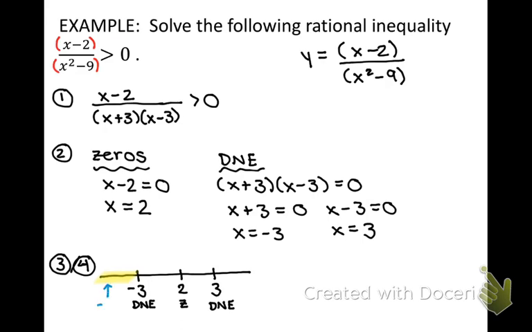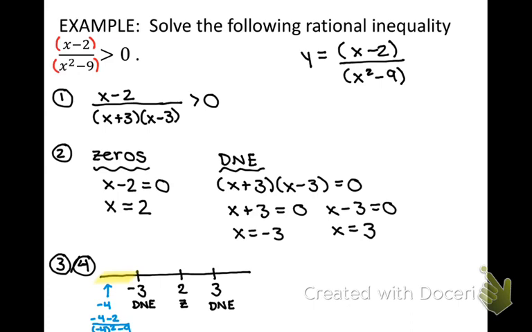The other thing that you can do is you can say, okay, I'm going to find some value in this interval, let's say maybe negative 4, and I'm going to plug negative 4 into my function. If I plug negative 4 into my function, I would get negative 4 minus 2 over negative 4 squared minus 9. And I need to determine if that gives me a positive or negative output.